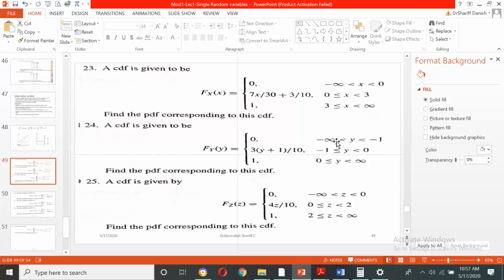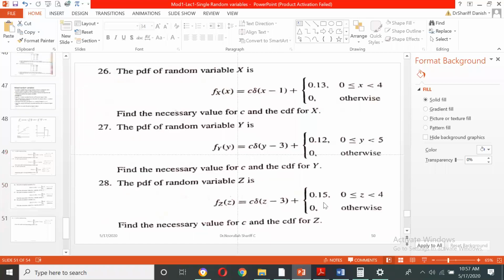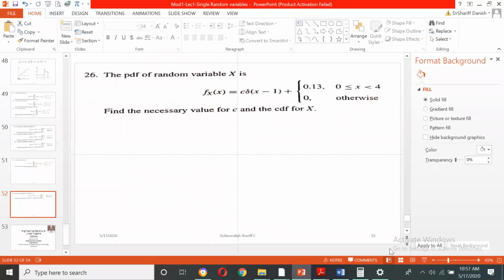Okay, that's the difference which we need to make out. You can try to plot this. Then we will go for the next topic.